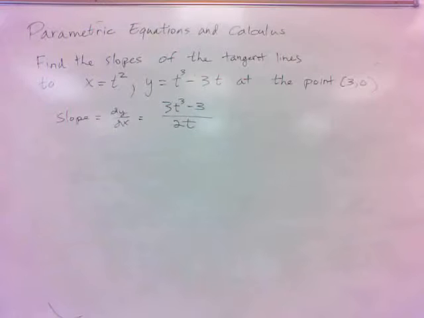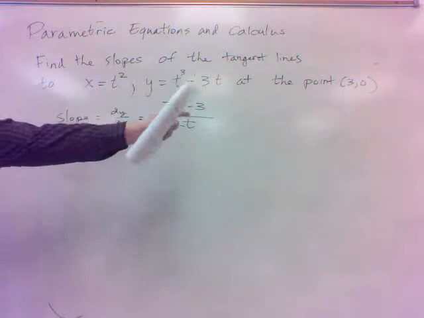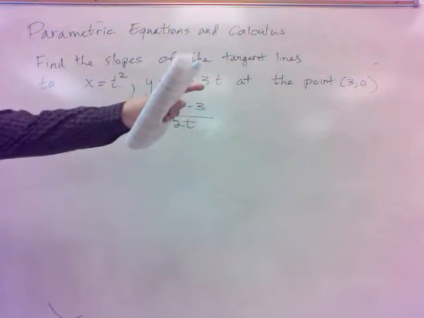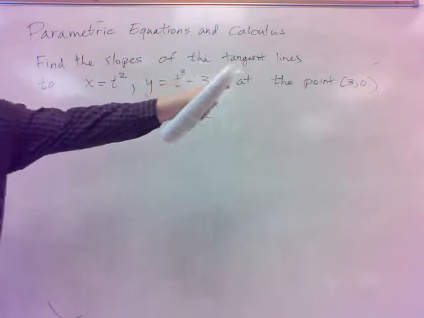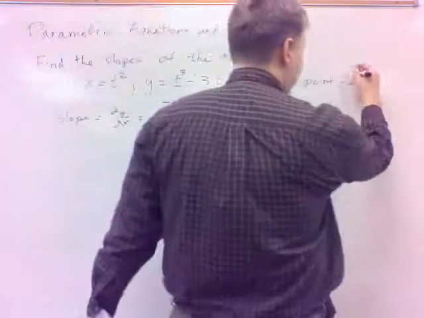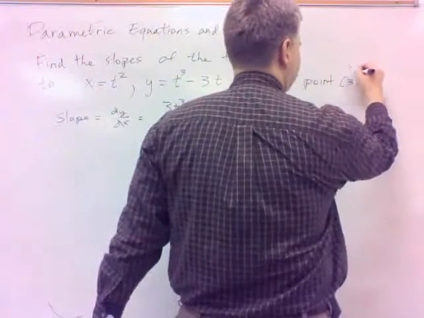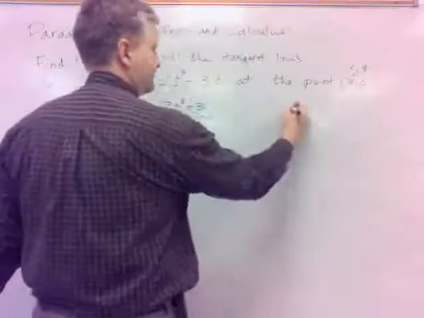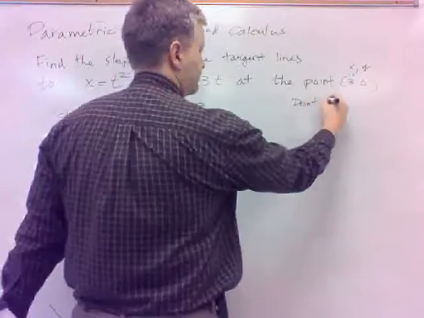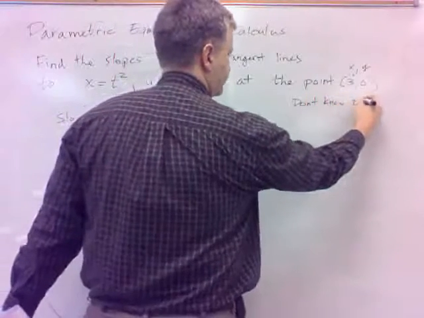The problem is here, I want a specific slope, and the slopes are given in terms of t. Do I know the t value? Nope. What does this give me? Well, this is x comma y, right? I don't know t.